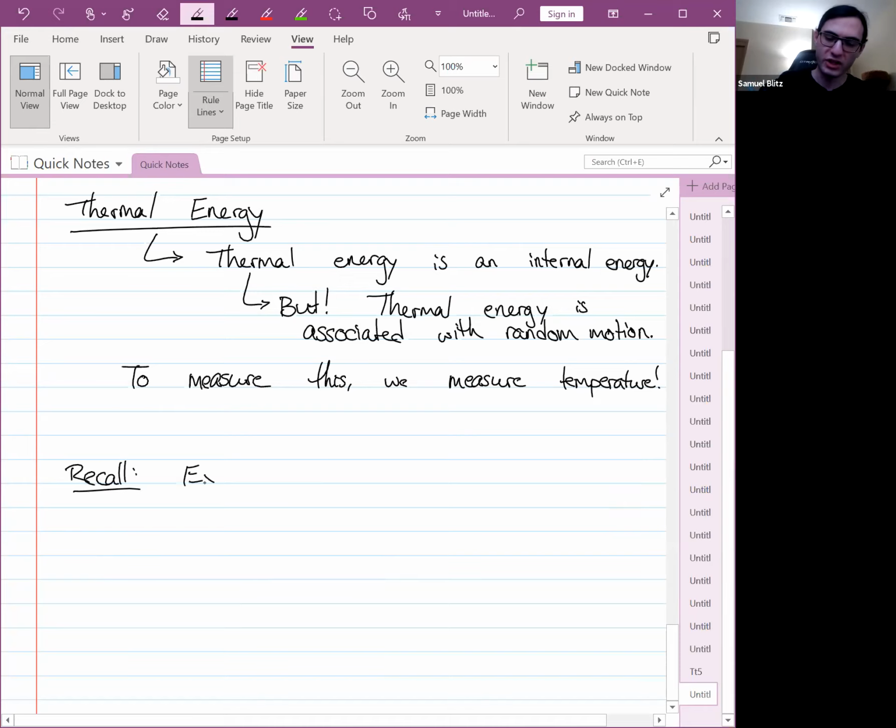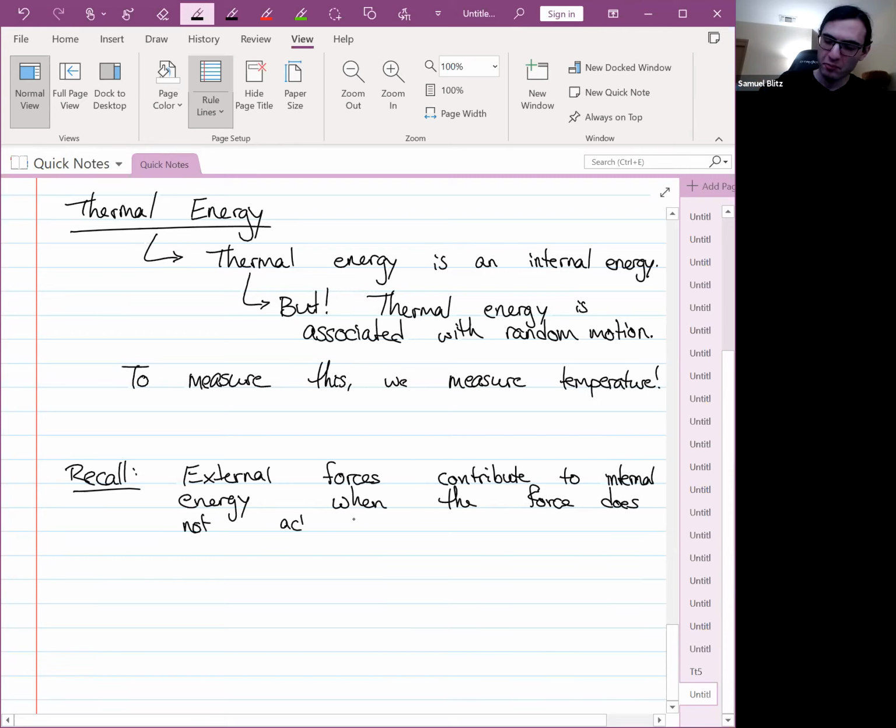External forces contribute to internal energy when the force doesn't act equally on every part. The example that we saw was pushing just one part of a two-part system.